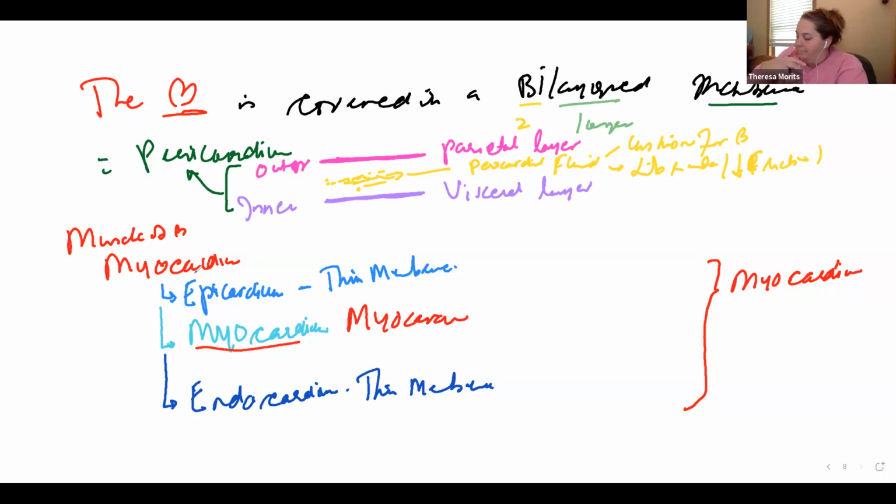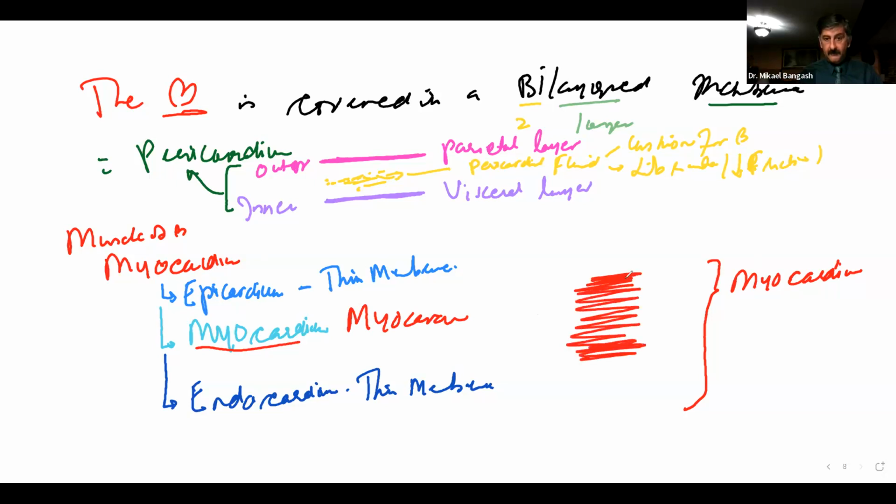So the myocardium is going to be this thick bulk of muscle of the heart. But on the outer side, this myocardium is going to be covered by a thin layer, which we'll call the epicardium.